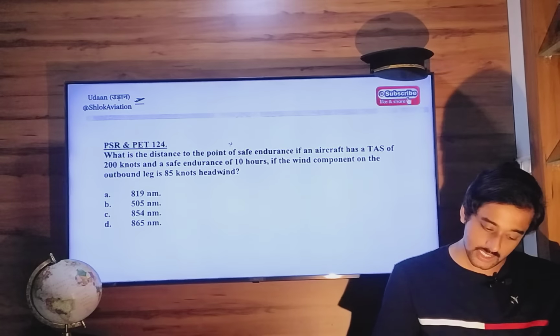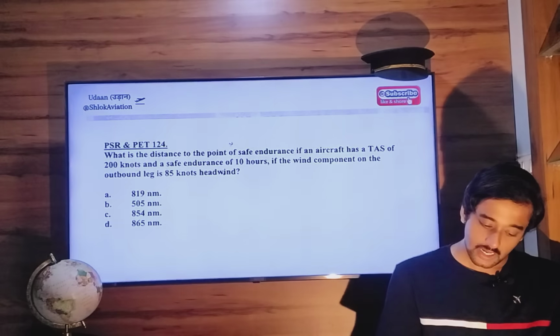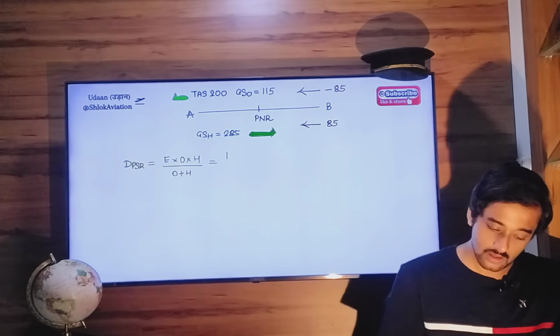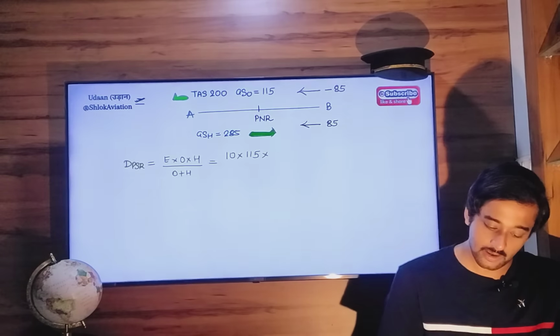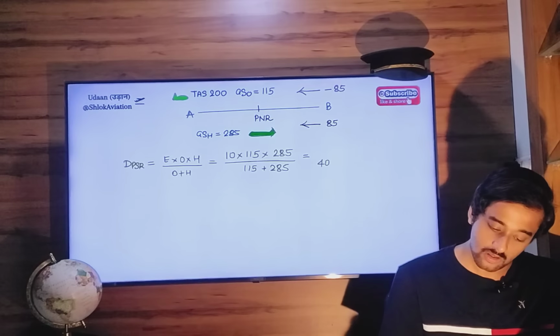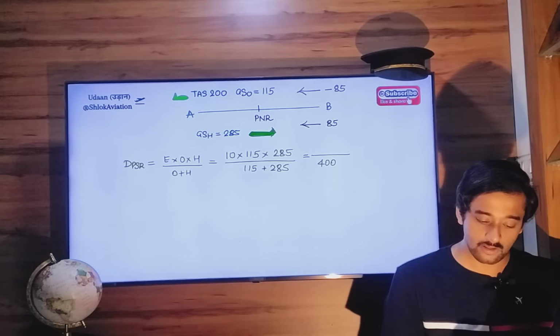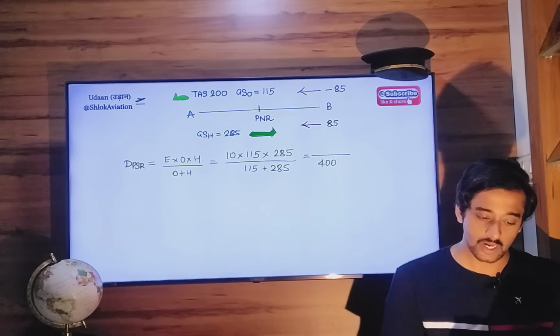So endurance is 10 hours into 115 into 285, divided by 115 plus 285, 400. 10 into 115 into 285 is 327,750, which is 819 nautical miles. Option alpha.